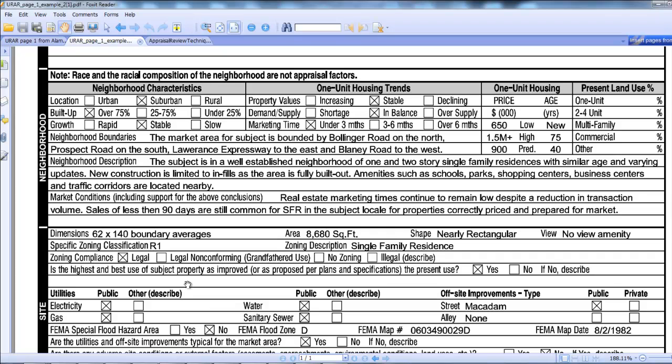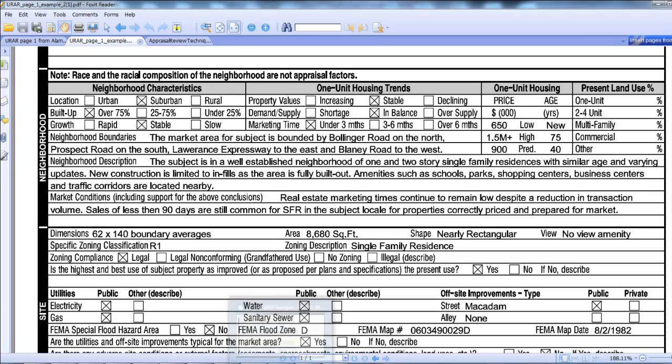Yeah, we'll switch over to my PDF, and this is the one that was done here locally, where here's his neighborhood description: type of homes that are there, age range, how built out it is, and any kind of typical amenities that are nearby, as well as access to the freeways, public transportation, that kind of thing.